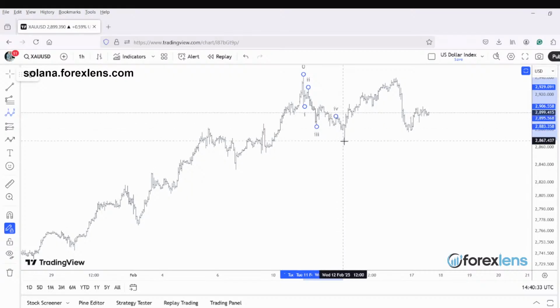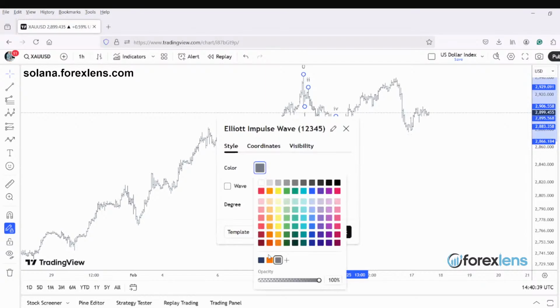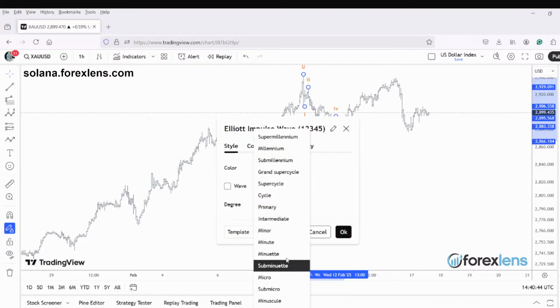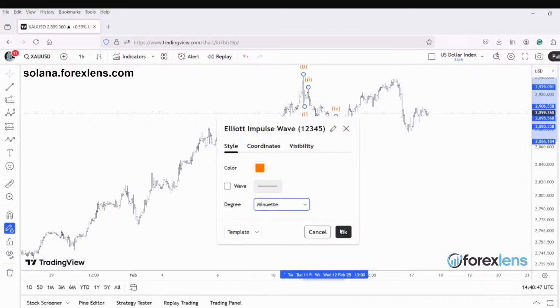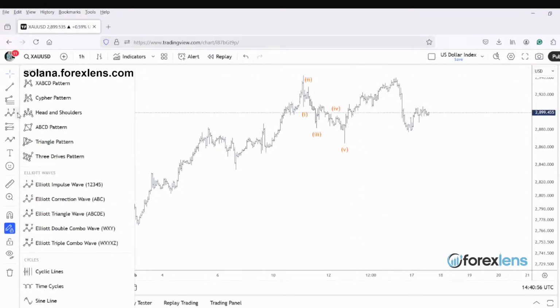Triangle wave four, wave five, minute degree, and what we see on the right hand side was an ABC rally on Friday.